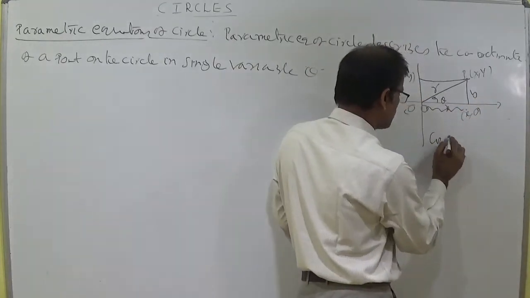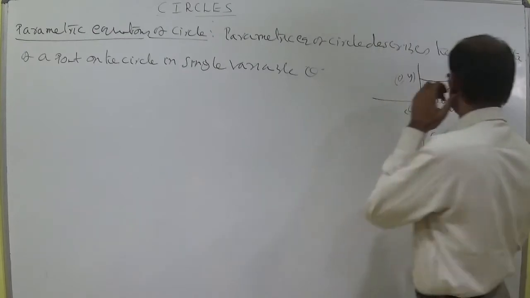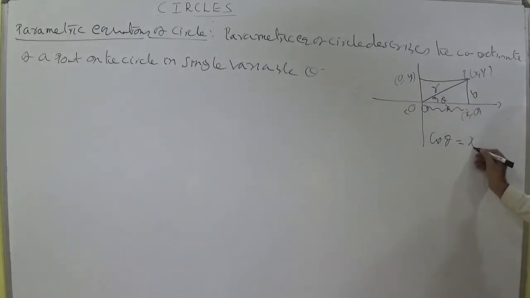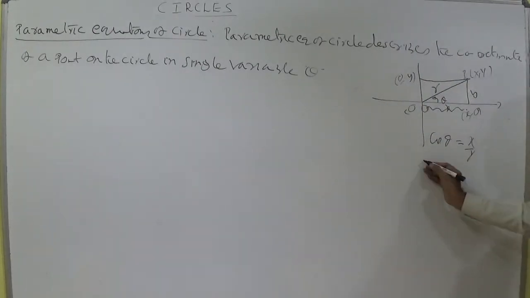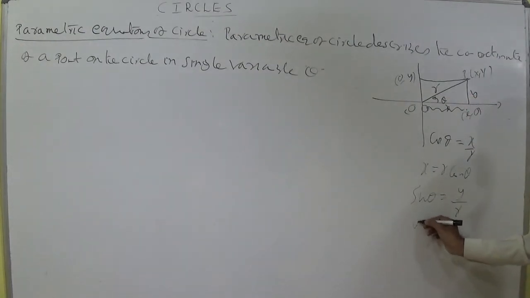By trigonometry you can say that cos theta is equal to adjacent side by radius, x by r, so x is equal to r cos theta, and sin theta is opposite by r, here y by r. So y is equal to r sin theta.